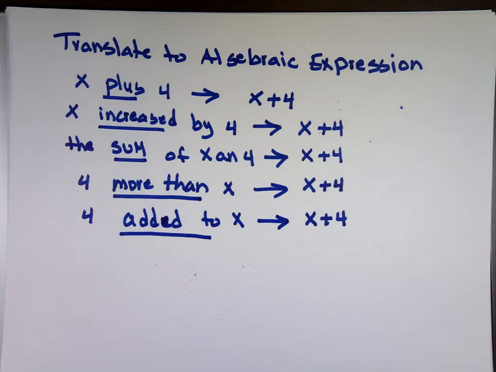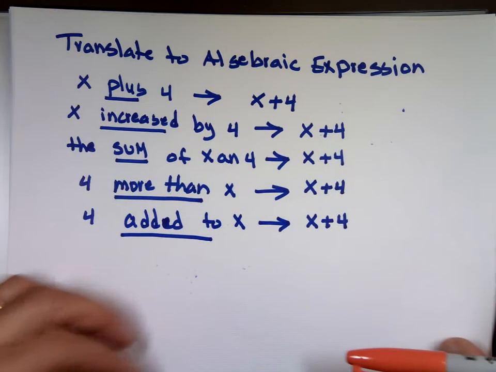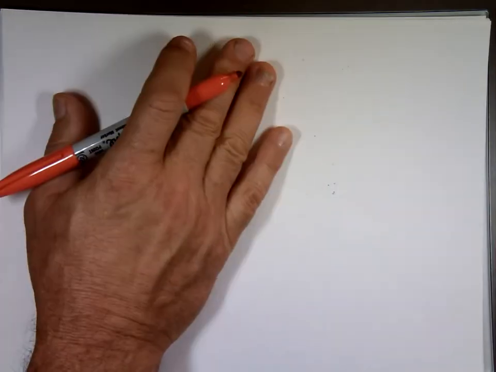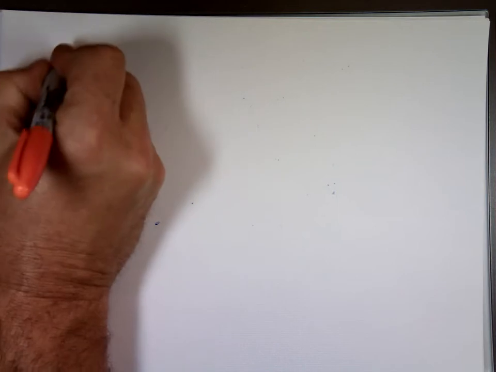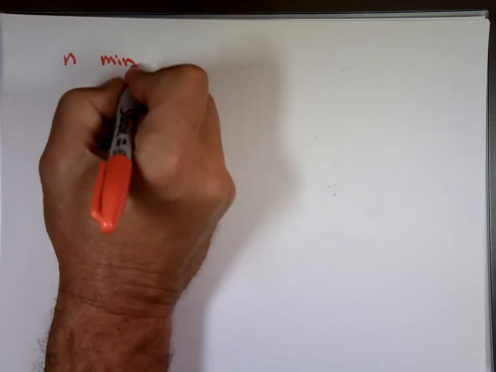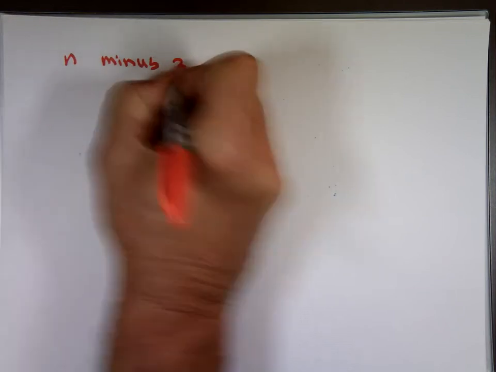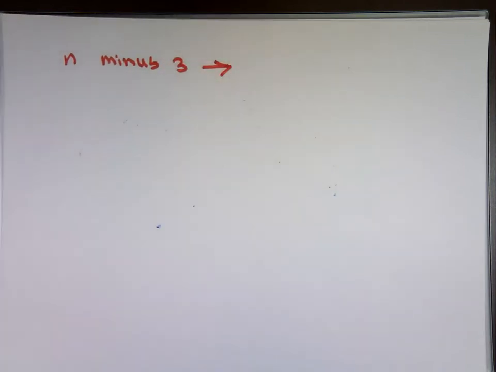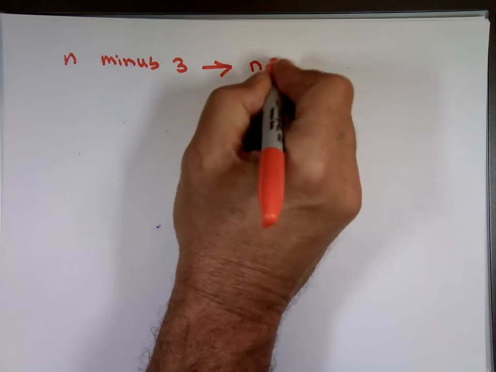Let's look at subtractions. Let me try subtractions and see what keywords to look for. n minus 3. What does that mean? n minus 3.